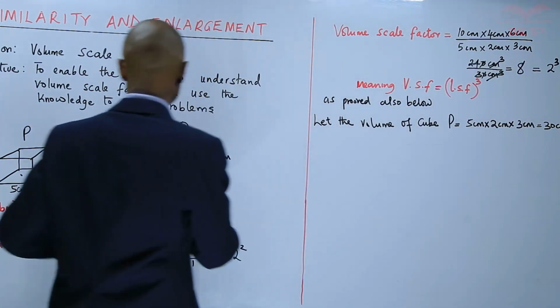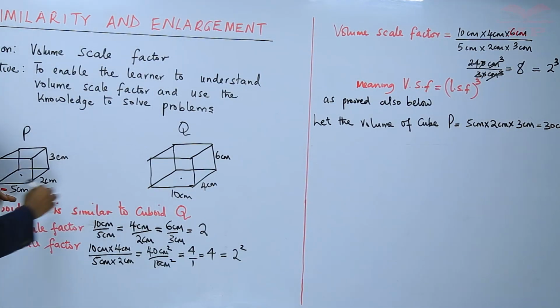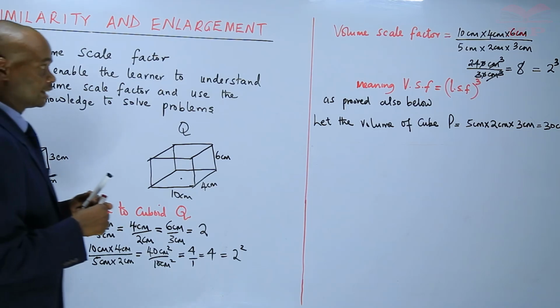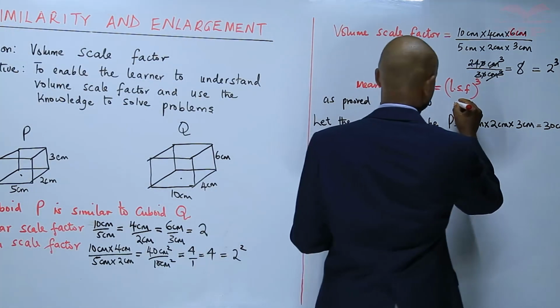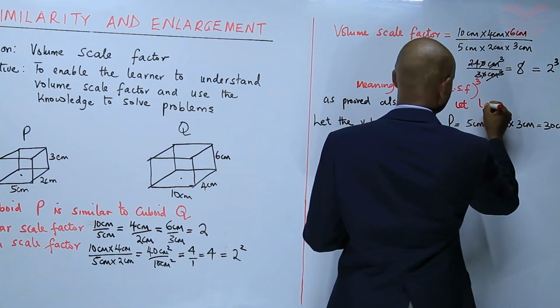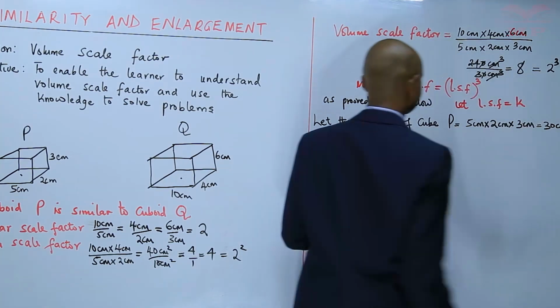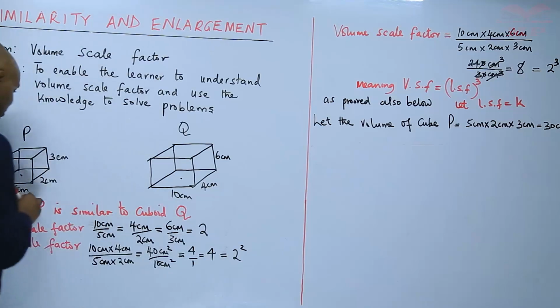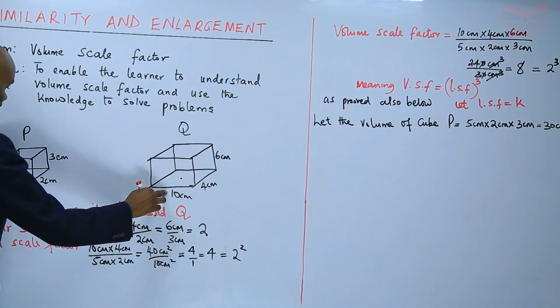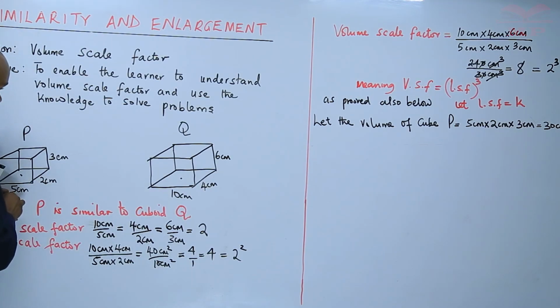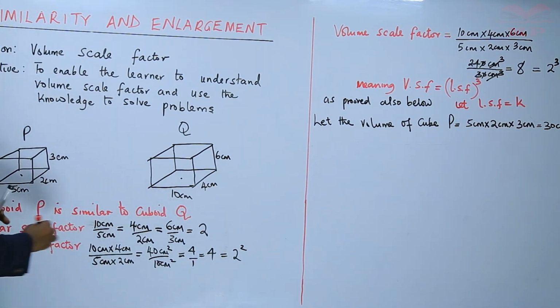But to get the dimensions of Q, you multiply by the linear scale factor. So here let the linear scale factor be K. To get the dimensions of the bigger one, I take these dimensions and multiply by K.